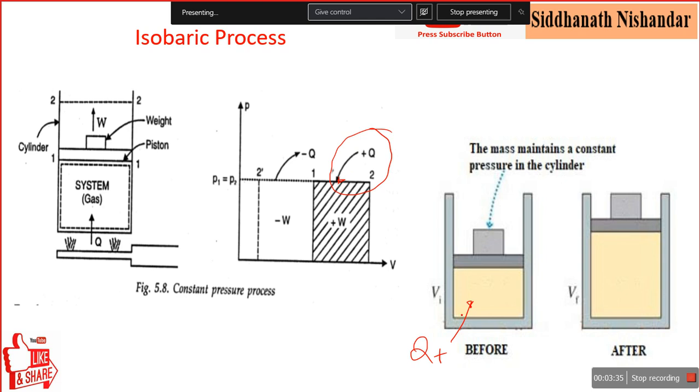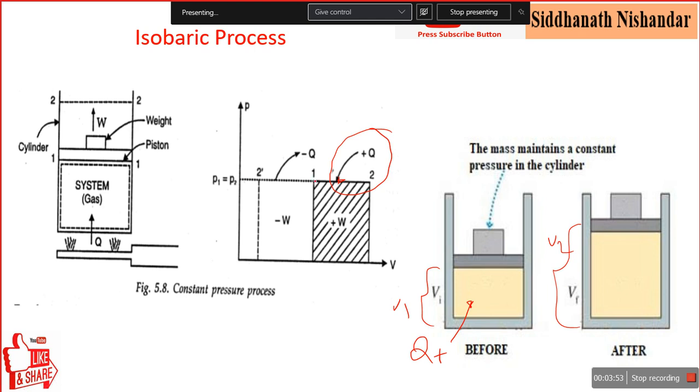What amount of heat is added, the volume goes on increasing. The initial volume is V1, and after addition of heat it gets a final volume, Vf, that is V2. There is a change in volume.